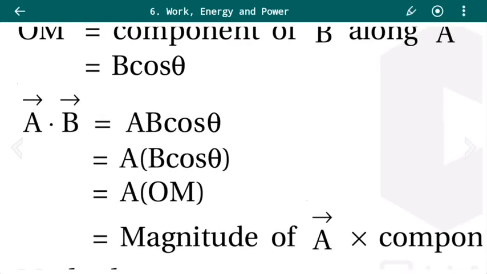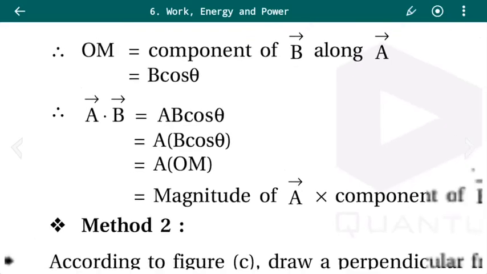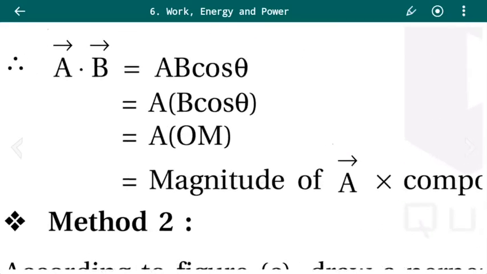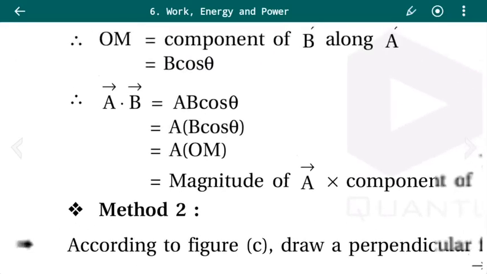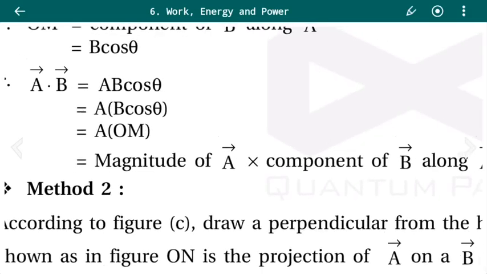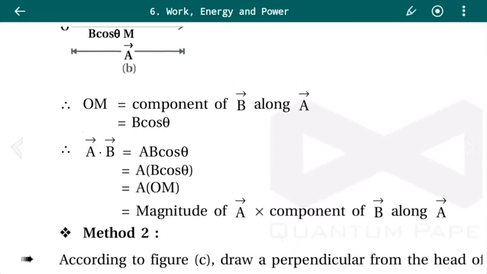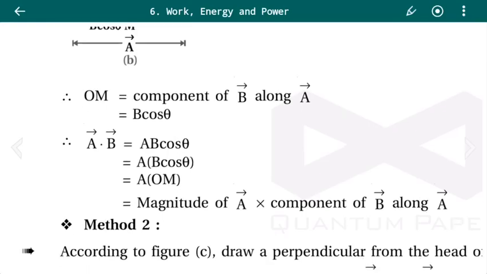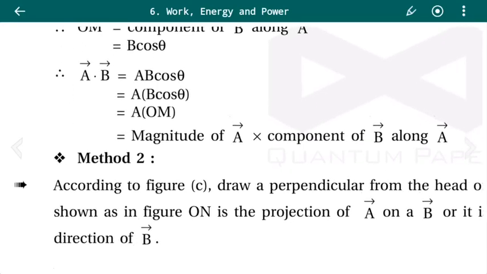And we know B cos theta is nothing but OM, so it equals A into OM. Here A is the magnitude of vector A, and OM is the component of B along vector A. So the dot product of two vectors is the magnitude of one of the vectors into the component of the second vector along the first vector.